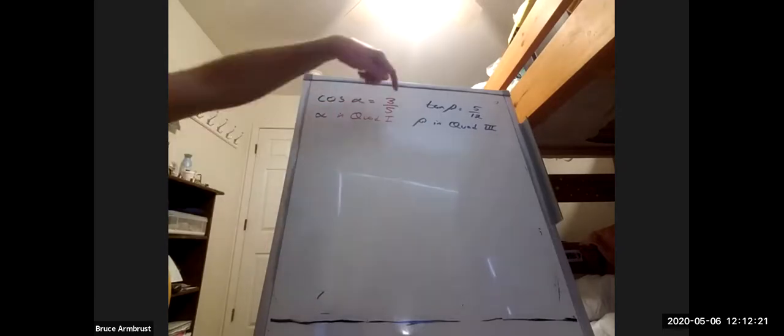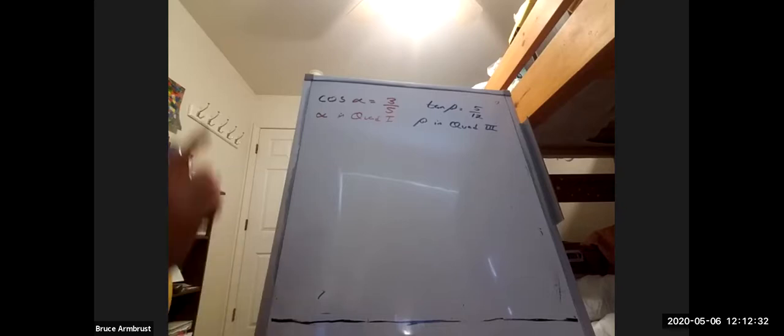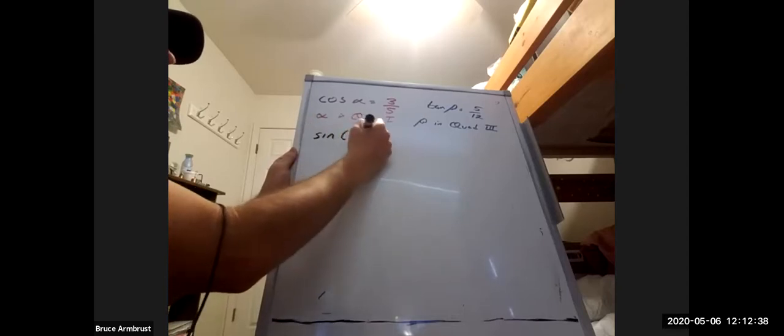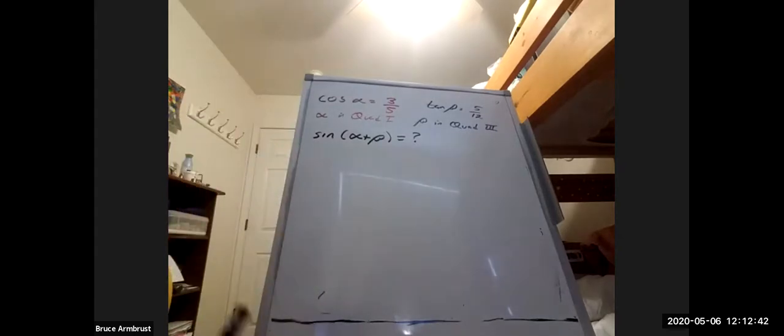So you know it's in either quadrant 1 or 3 because it's positive, but I'm going to tell you it's in quadrant 3. So we don't know those angles. But what I want to see is, can we figure out what the sine of alpha plus beta is?